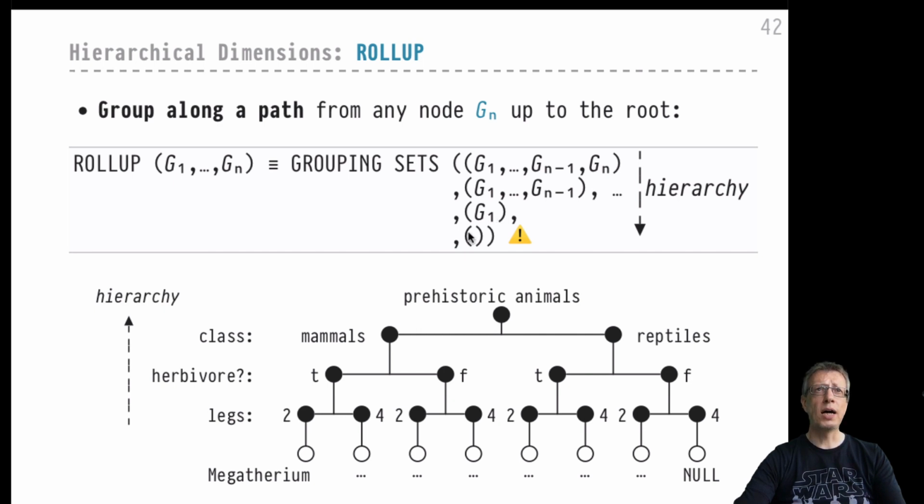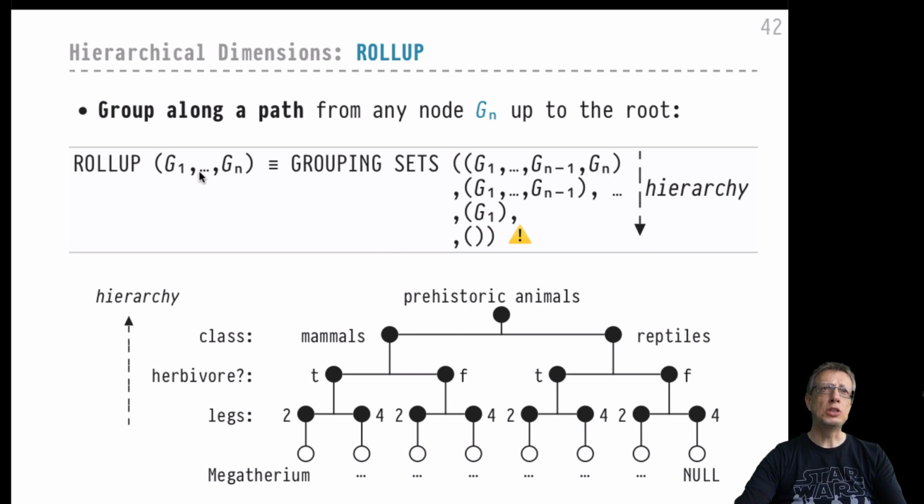So if class would be the first criterion, the first dimension in which we want to partition our animals, then this would extend the hierarchy like this. So from the root of the hierarchy, we would separate by class. So we would separate into the mammals and the reptiles. So that would be a bit finer classification.